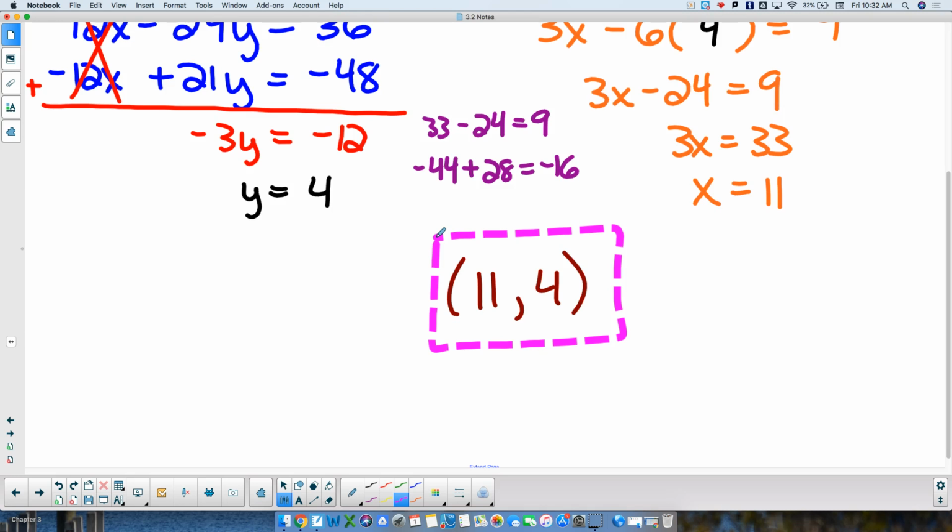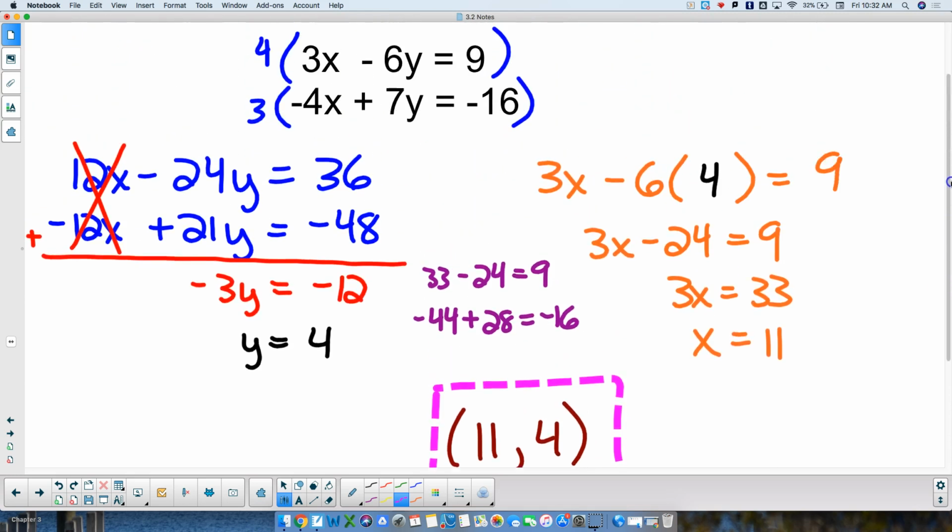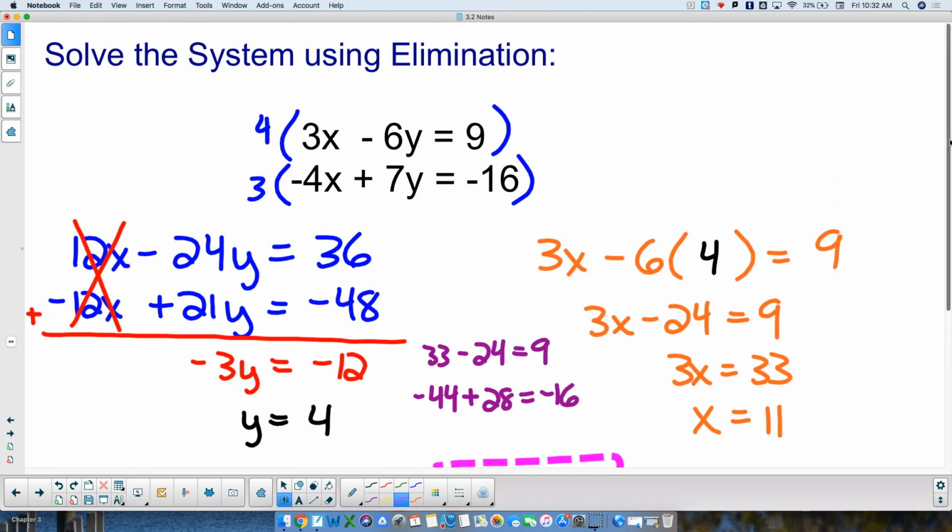In this particular case, it might not be the easiest to solve for a variable. Well, actually, we could solve the top equation for x because they're all multiples of 3. But you know what I mean? This way it gets around the fact that we can't solve every equation for a variable.